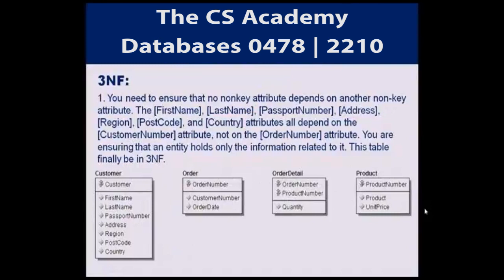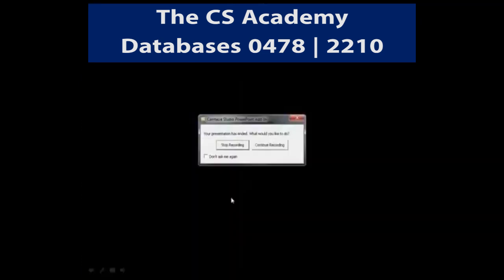Now third NF. You need to ensure that no non-key attribute depends on another non-key attribute. The first name, last name, passport number, address, region, postcode and country attributes all depend on a customer number attribute. Is there any customer number? Yes, customer number is there, order, customer number, order.